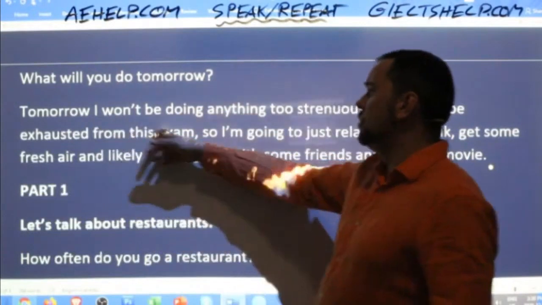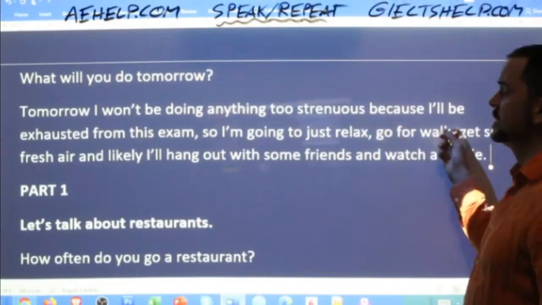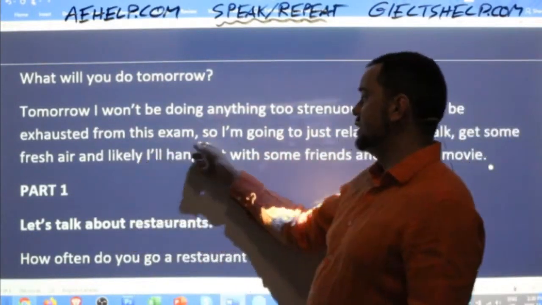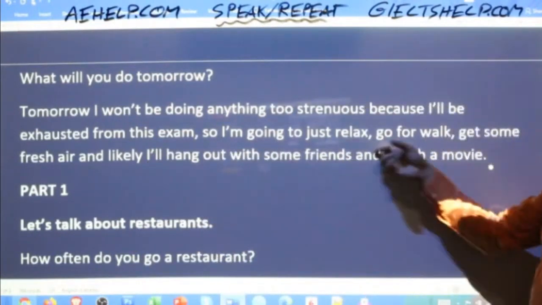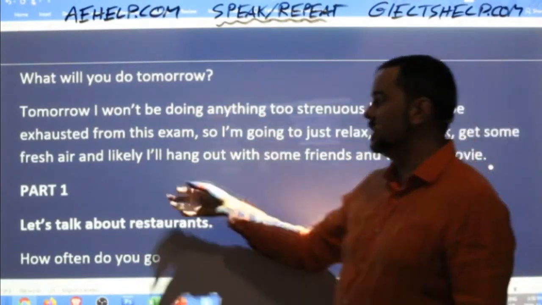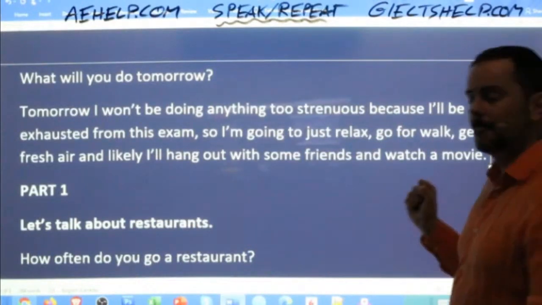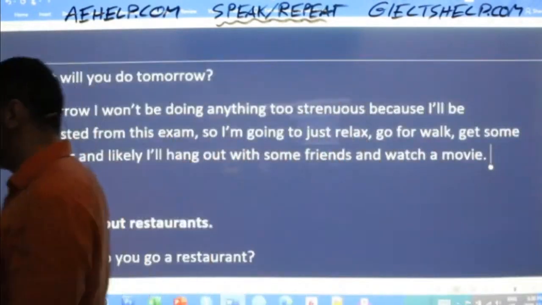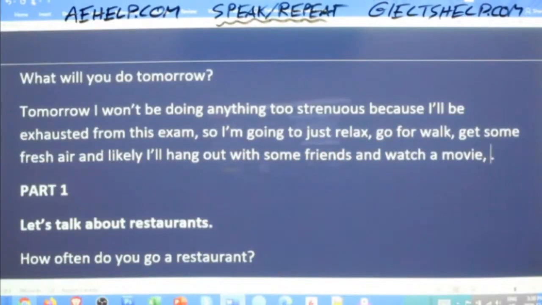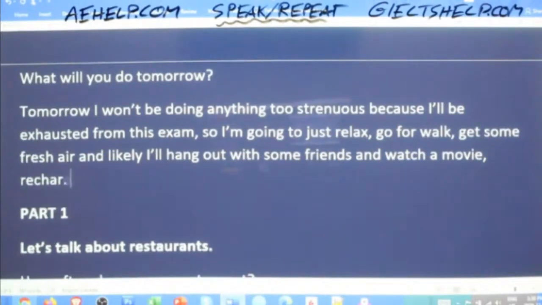Tomorrow, I won't be doing anything too strenuous because I'll be exhausted from this exam. So I'm going to just relax, go for a walk, get some fresh air, and likely I'll hang out with some friends and watch a movie. Okay? Recharge my batteries, right? I know many people like using that phrase, and this is a good place to do that.